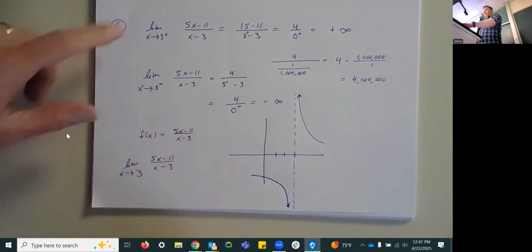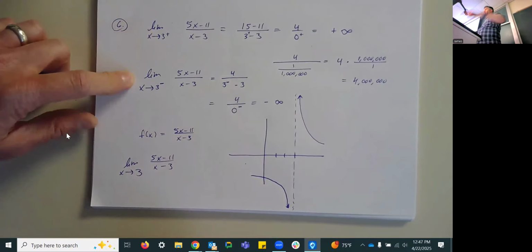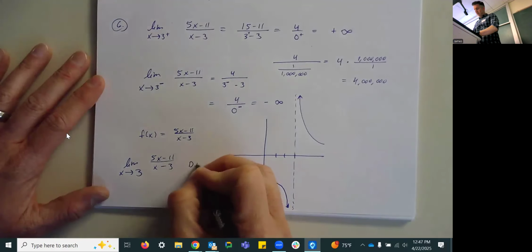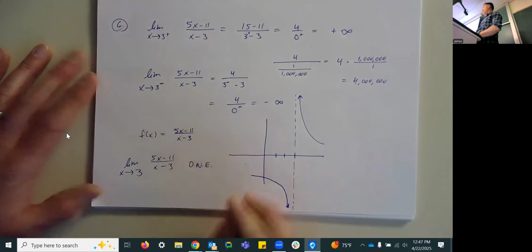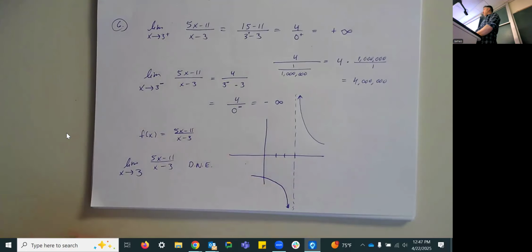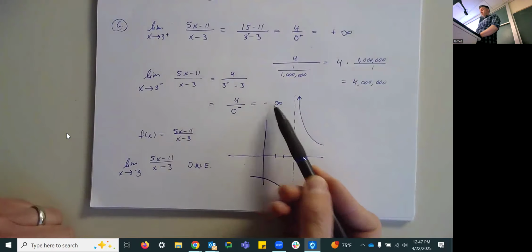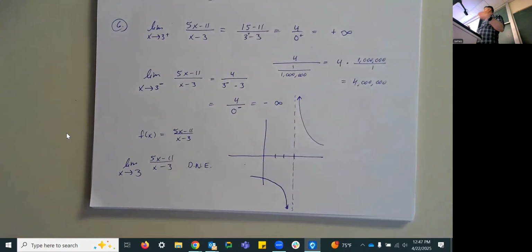Well, since the right-hand side limit and the left-hand side limit are going in totally opposite directions, the double-sided limit doesn't exist. So those are the 3 things that can happen when you have a non-zero divided by zero type of limit. You can either get infinity or negative infinity, or potentially it does not exist if it's double-sided and they go different directions. And those are the only things that can happen with non-zero divided by zero.